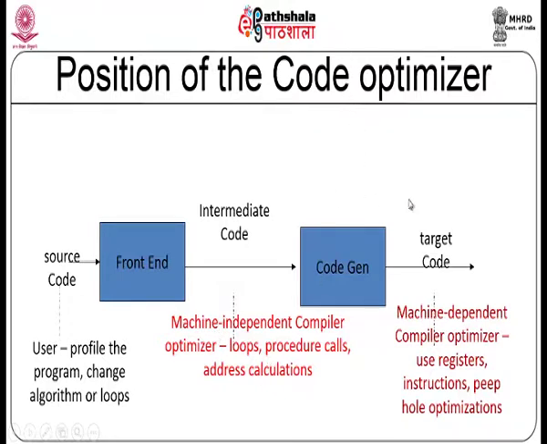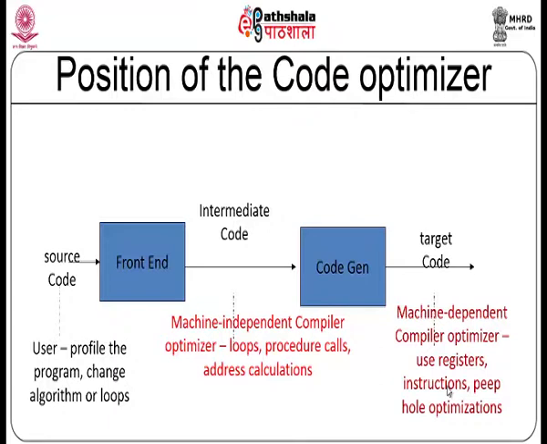Finally, I can also look at the target code, to check whether there is any possibility for optimization at the assembly language level. Where can I use a lesser number of registers, or can I change instructions? For example, the increment instruction, which we just now pointed out: add #1, R0 could be replaced with an increment R1 instruction.